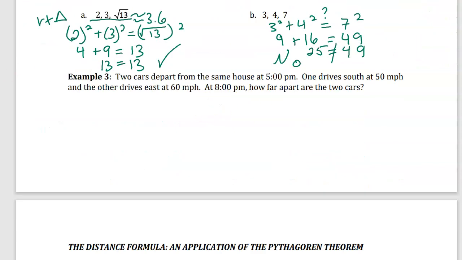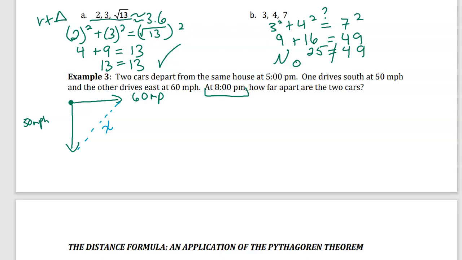Now this last example is looking at two cars departing from the same house. So here's our house. One drives south at 50 miles per hour, and the other drives east at 60 miles per hour. At 8 p.m., how far apart are they? So at 8 p.m., we want to know this distance.